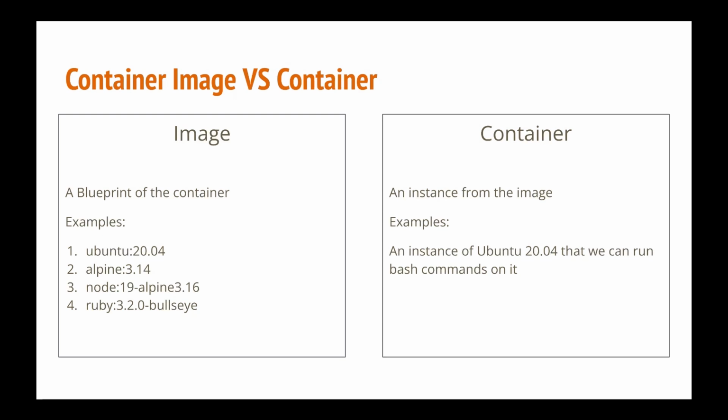They are not executable, but to create a container, we first need to fetch them from a hub and put them on our computer. And when we have the image, we can now run one or multiple containers from that image. For example, we can get an image of Ubuntu 20, and then from that image, we can have one or multiple Ubuntu containers running on our computer.